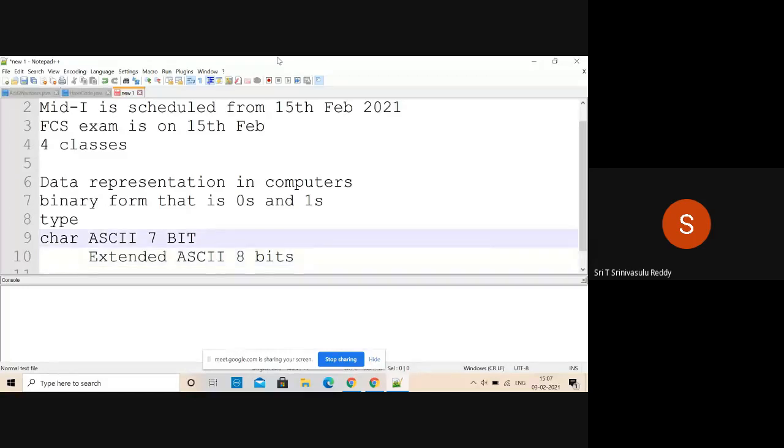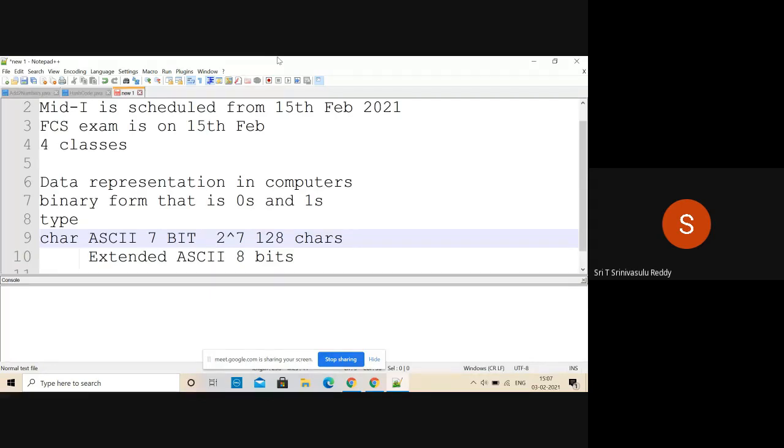When you use 7 bits, the number of characters that can be represented is 2 raised to the power 7, which is 128 different characters.